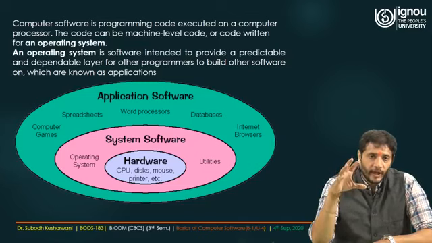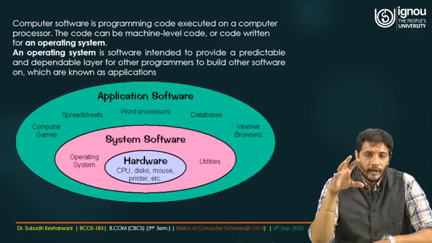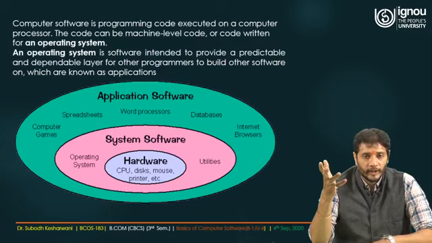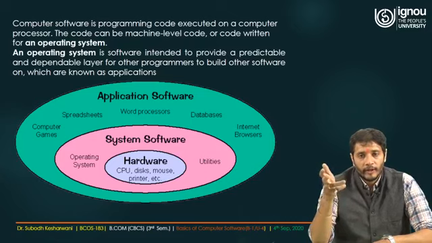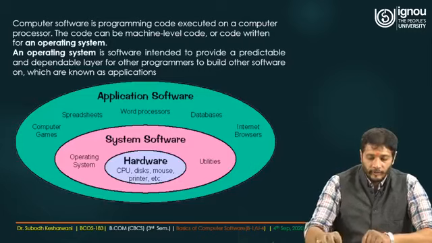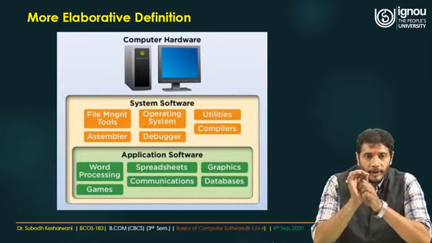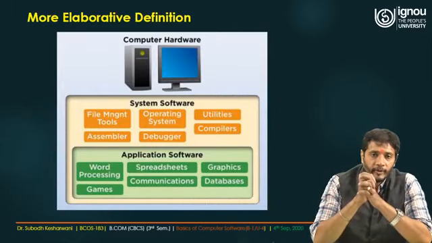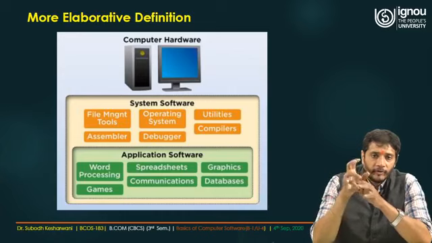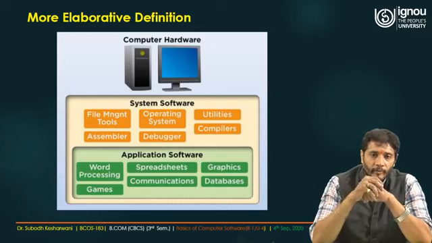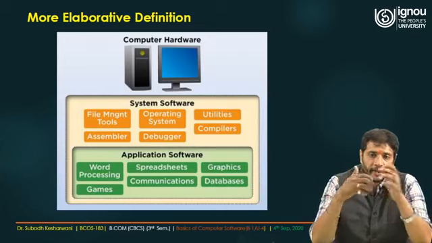As far as application software is concerned, there also you need hardware. Hardware could be the central processing unit, a disk, a printer, the motherboard, or the inside equipment which can execute the application software or system software. A more elaborate definition says that system software could be an operating system, a debugger, an assembler, or a compiler, whereas application software are many in nature.